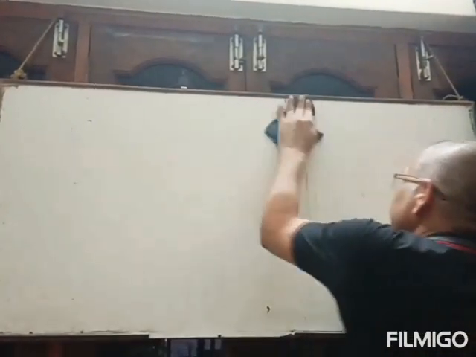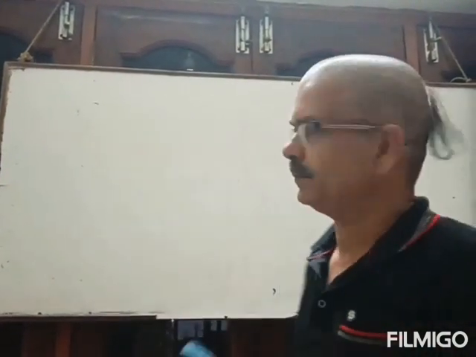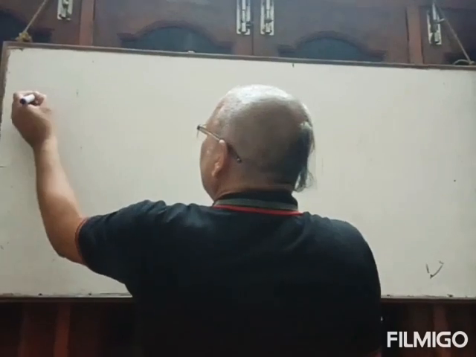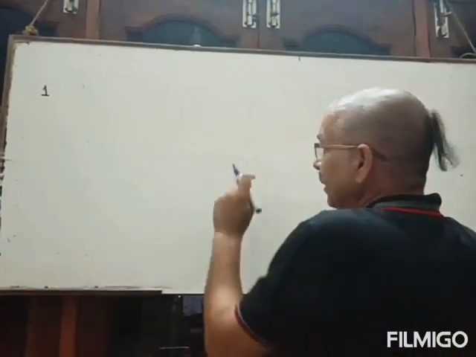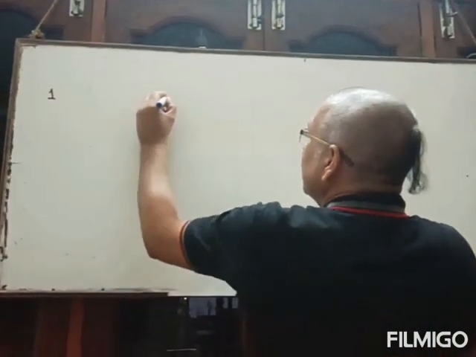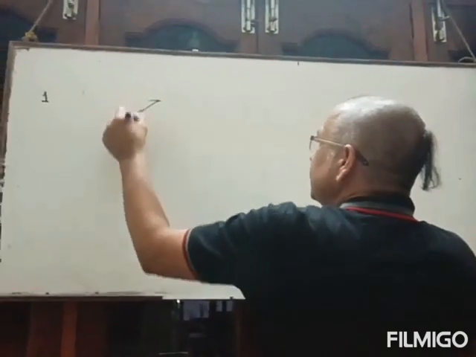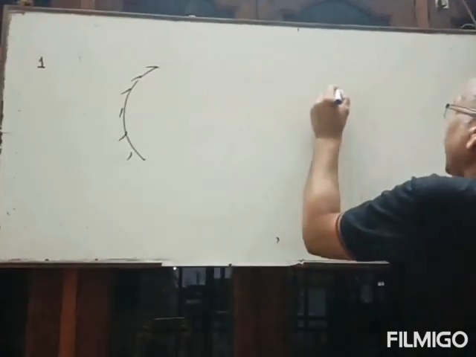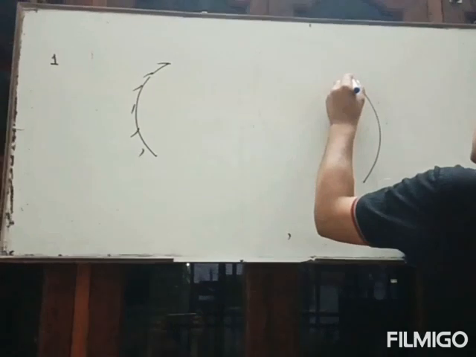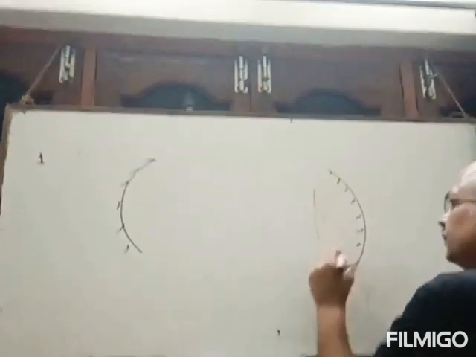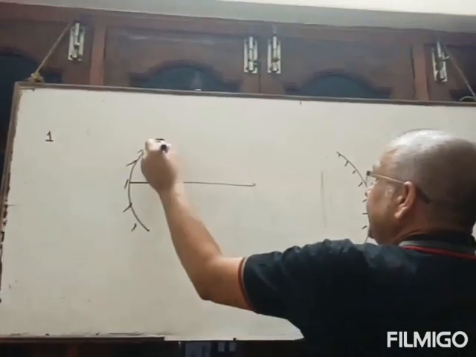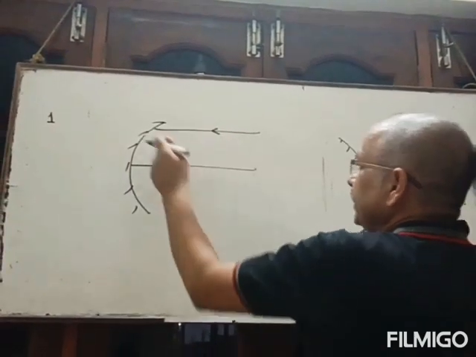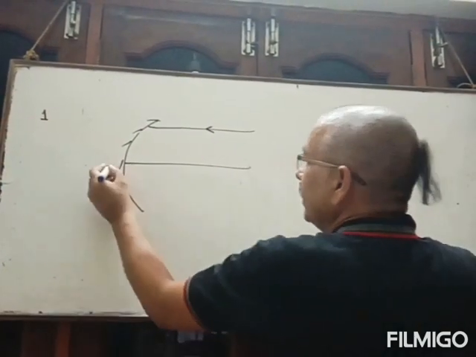Nature of image formed by spherical mirror. First, I am taking both concave as well as convex. This is for concave and this one for convex. Here it is the incident ray. See here, this incident ray is parallel to the principal axis.